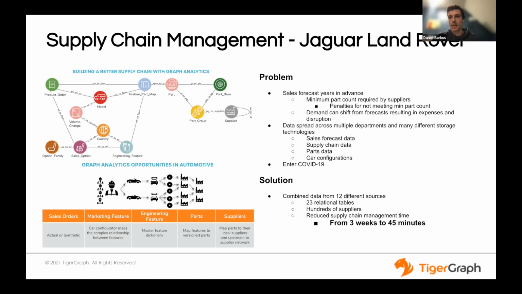in 45 minutes. So I think you can start to see the money savings that happen there, not just in terms of human labor, going from 3 weeks of human labor to now 45 minutes of a computer running, but just the response time that you can have there. You now no longer have 3 weeks where you're missing out on orders because you're waiting for your supply chain to update.